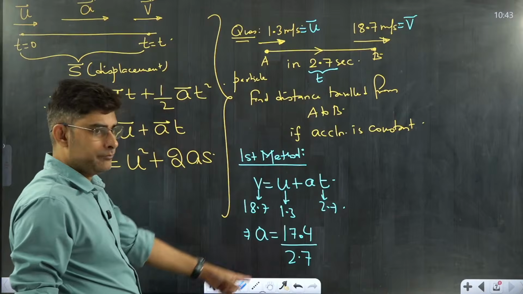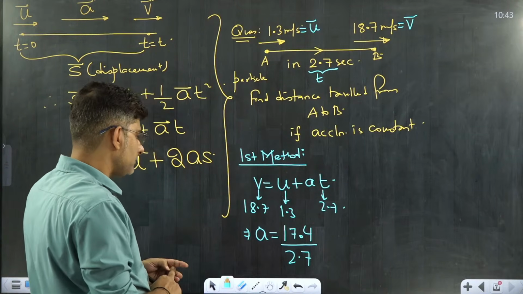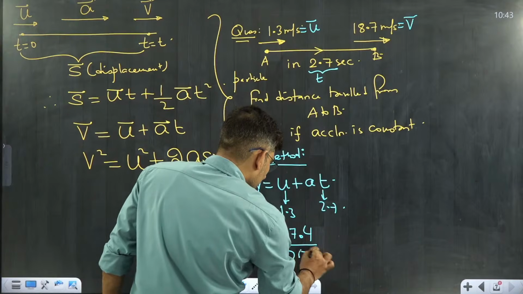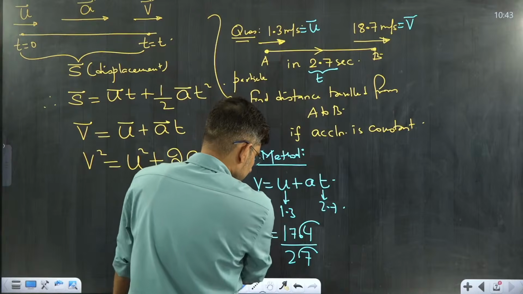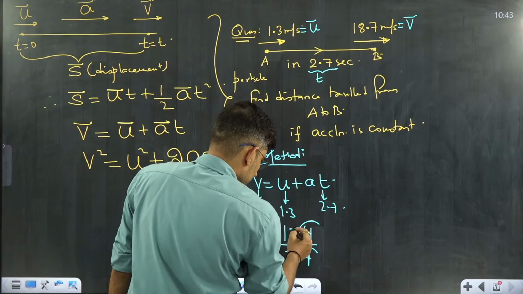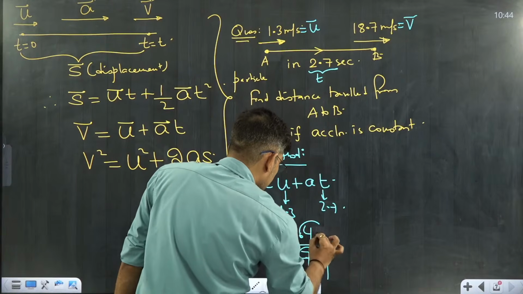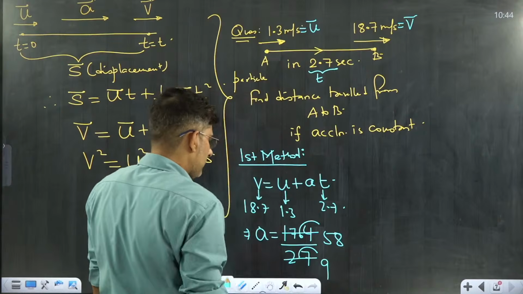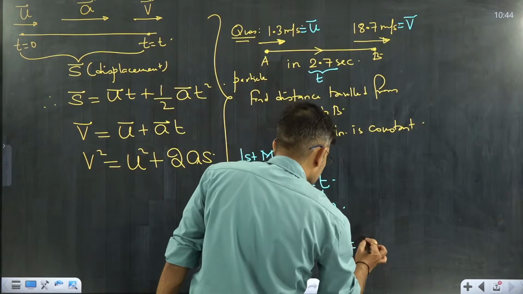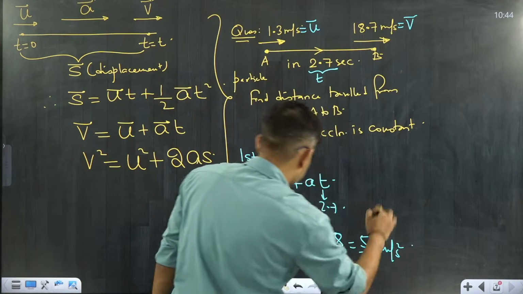Right? Now here what we can do is remove the decimal: 3 9s are 27, 3 5s are 15, 24, 58 by 9. So acceleration is 58 by 9 meter per second square.